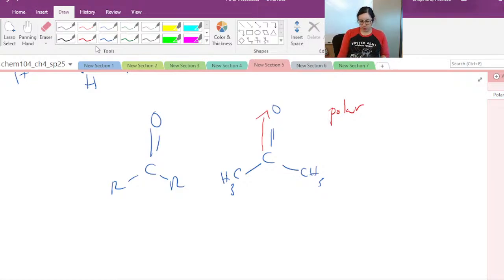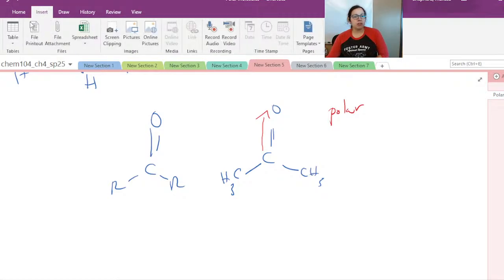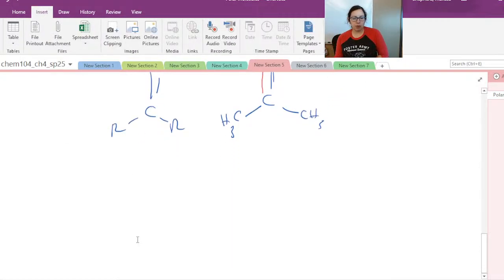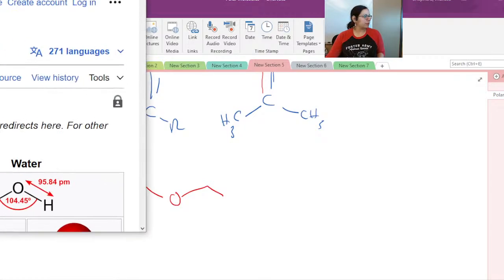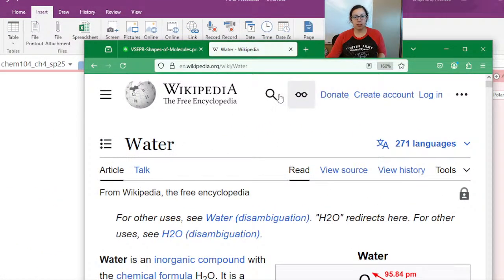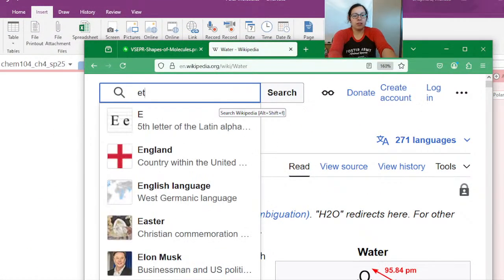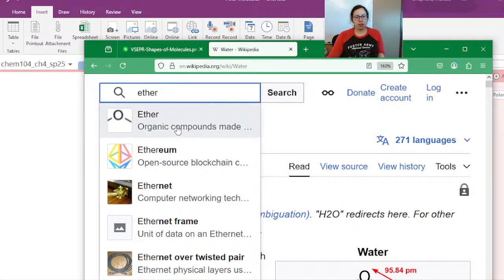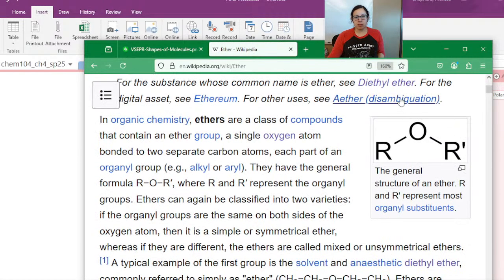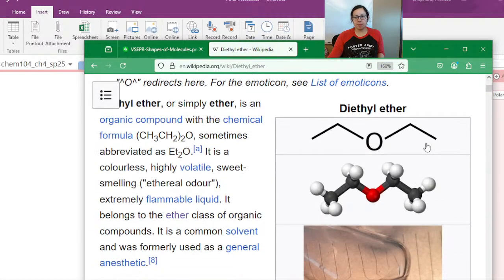I was just going to throw in other groups. Let's look at ether, because this one might be slightly polar. I probably should have chosen diethyl ether.